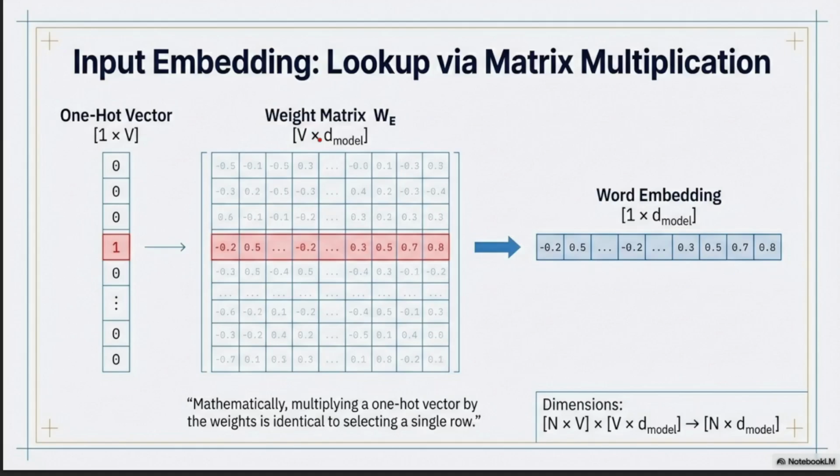So if the input for "let's" is 1, we multiply it by the weights to select a specific row. For "let's", we might get a vector like this one. For "go", we get different numbers. We stack these to form our input matrix, which has a dimension of N by d model. So in our case, 2 multiplied by 512.